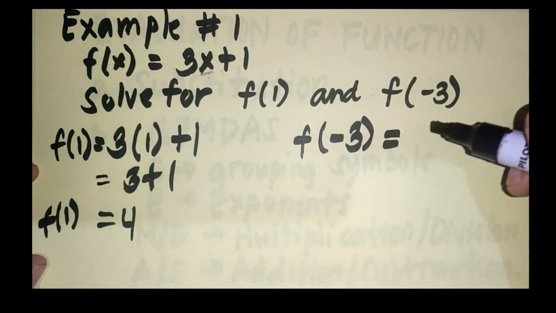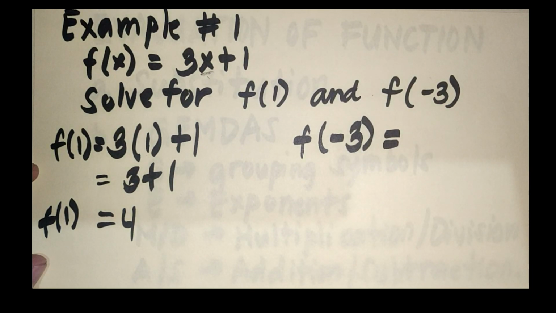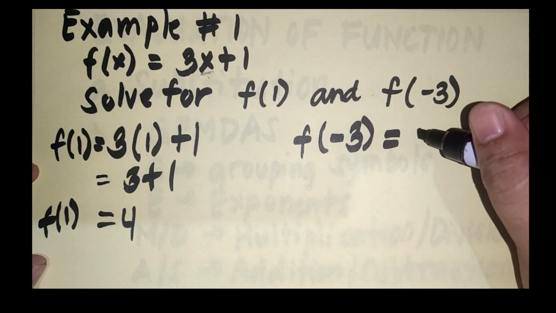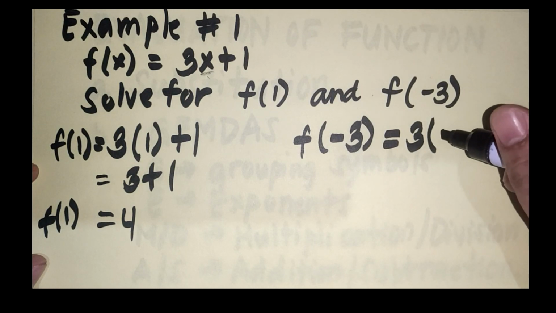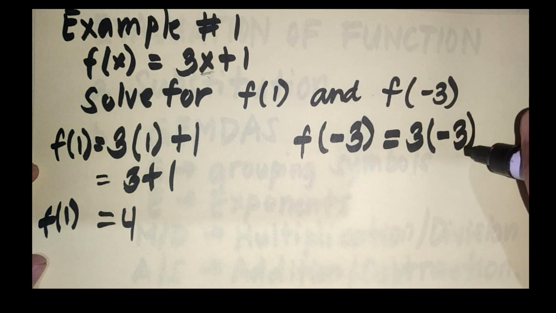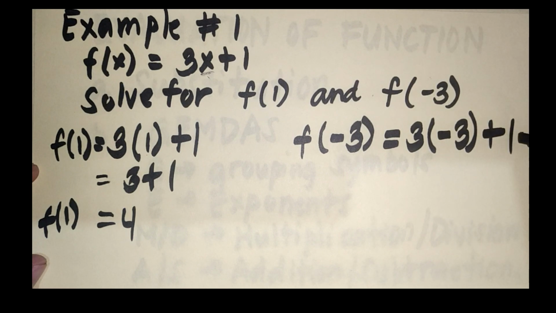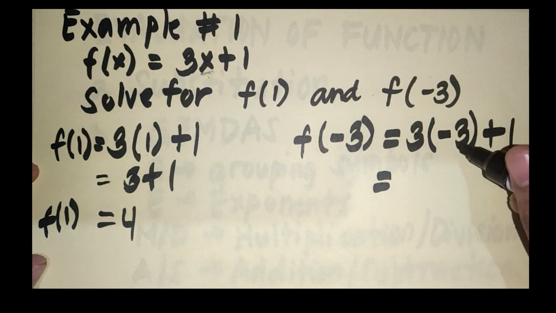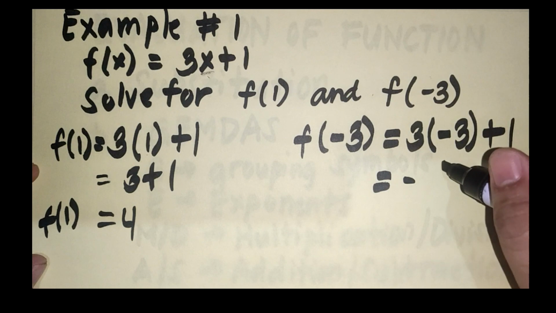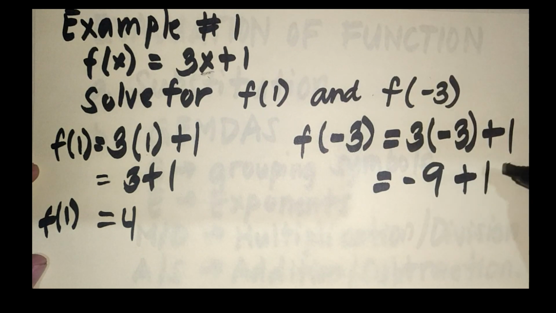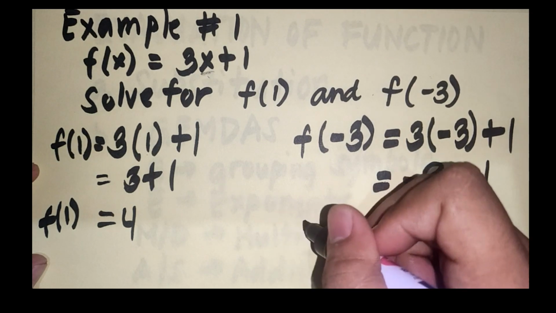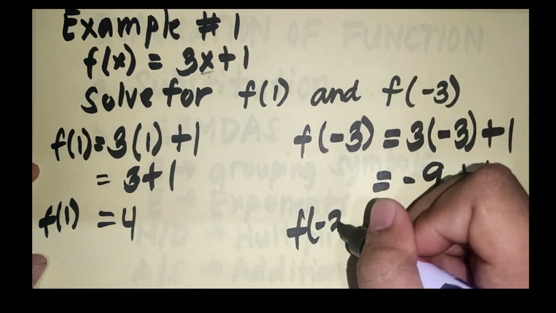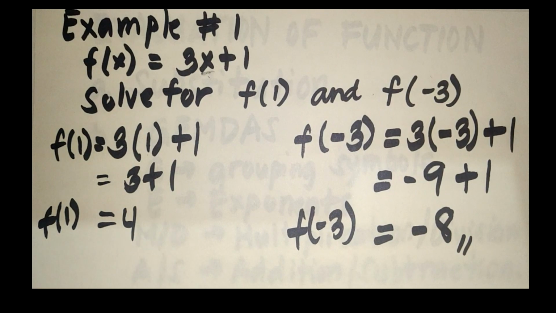Okay, so change the variable by its value. So we have 3 times negative 3 plus 1. Okay, so 3 times negative 3, we have negative 9 plus 1, or we have negative 8. So f of negative 3 is equal to negative 8.